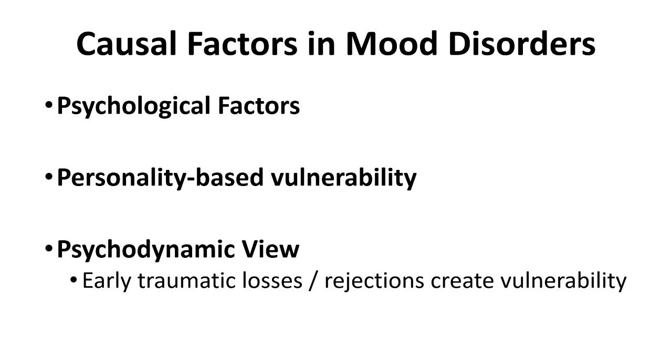And indeed, even modern research has found that people who lose a parent early on in life end up being more prone to developing mood disorders. Also, people who experience rejection, they tend to feel vulnerable, and that predisposes them for mood disorders as well.